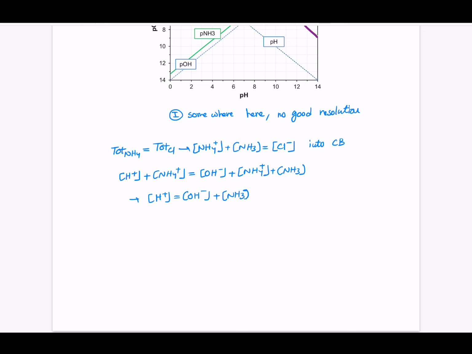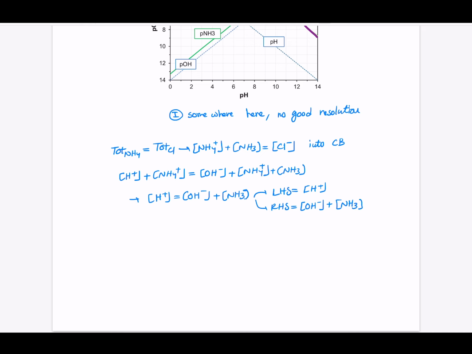So it seems we now have different terms for RHS and LHS. Our LHS would be simply the pH line, and our RHS would be the hydroxide line plus the ammonia line, not the ammonium.